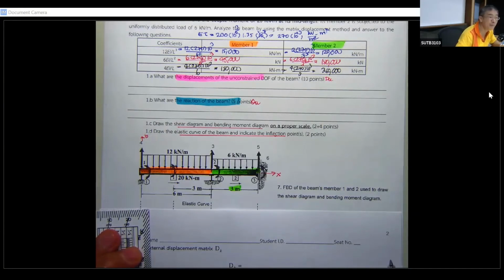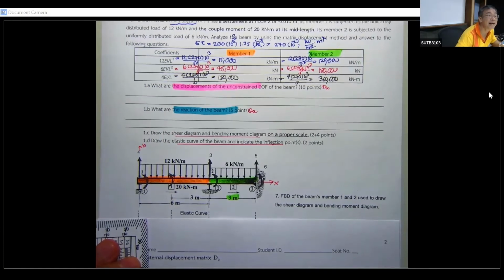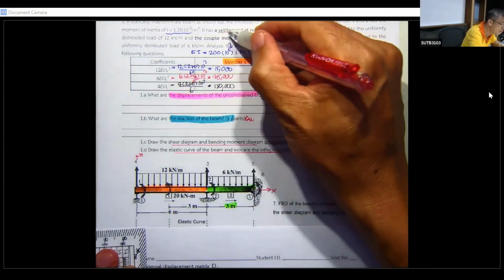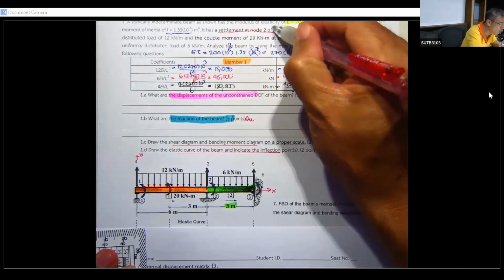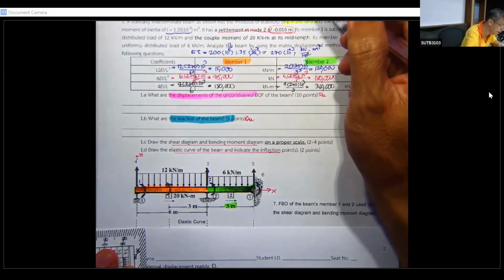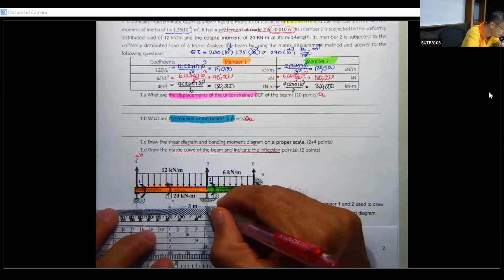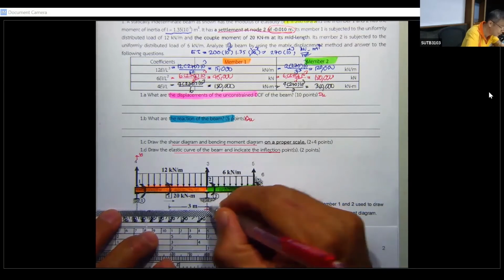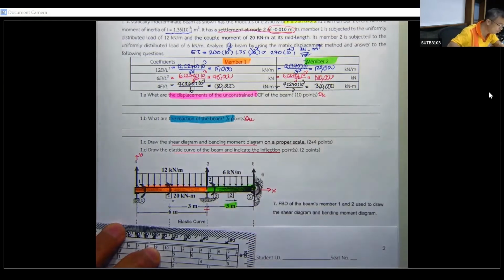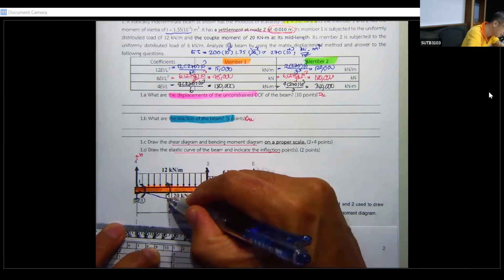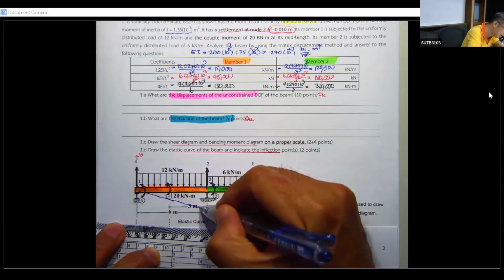And the problem also says there is a settlement occurring here of minus 0.010, which is about 10 millimeters. So this point just moves downward over here. When this point moves downward, the deformation of the structure may become like this.